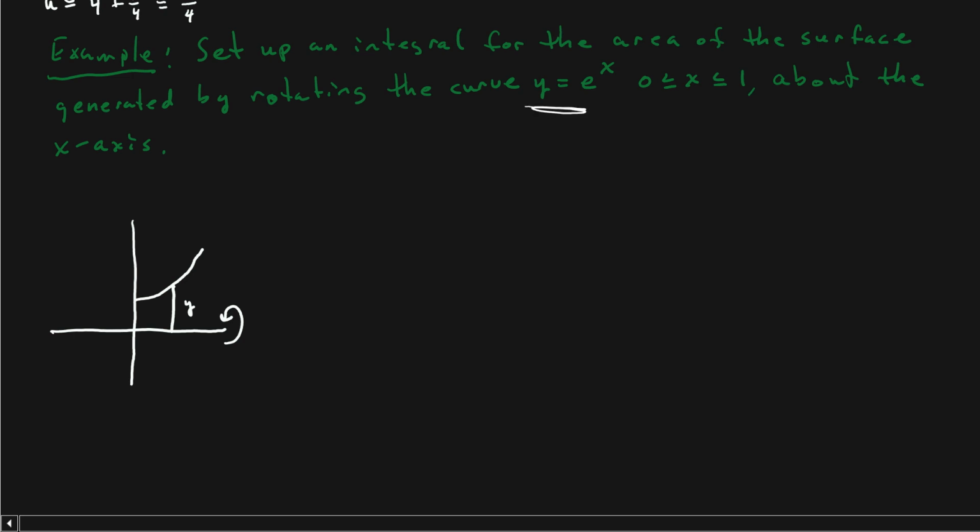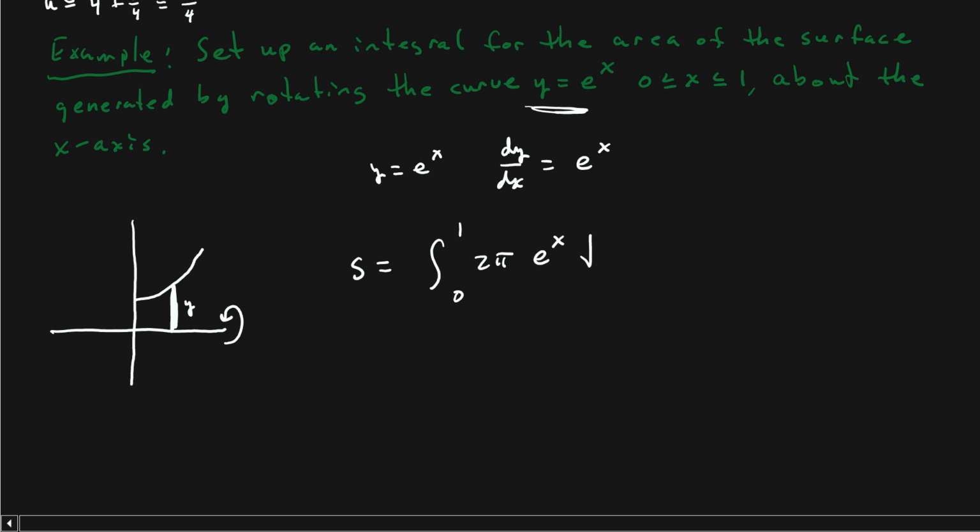It's probably going to be easier to just put everything in terms of x. So I've got y equals e to the x, and dy/dx is equal to e to the x. All right. So I've got S is equal to the integral from 0 to 1 of 2 pi times the radius, which is y, but remember I'm going to be in terms of x.